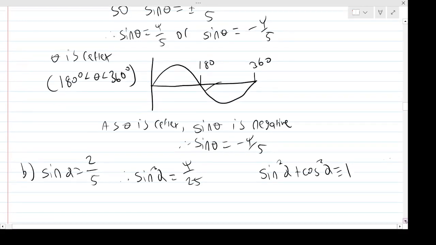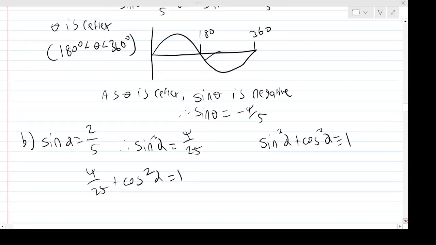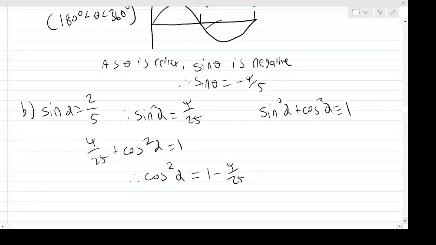Then I can substitute that into this identity. So 4 over 25 add cos squared alpha is 1. Then I can subtract 4 over 25 to say that cos squared alpha is 1 minus 4 over 25, which is 21 over 25.